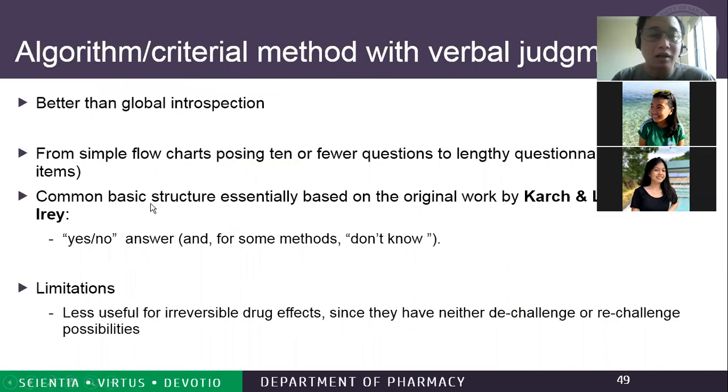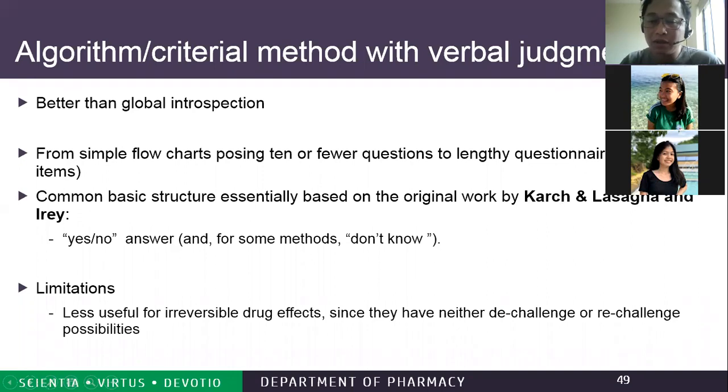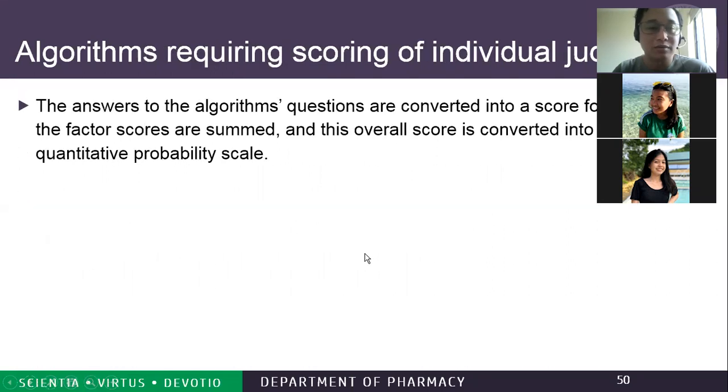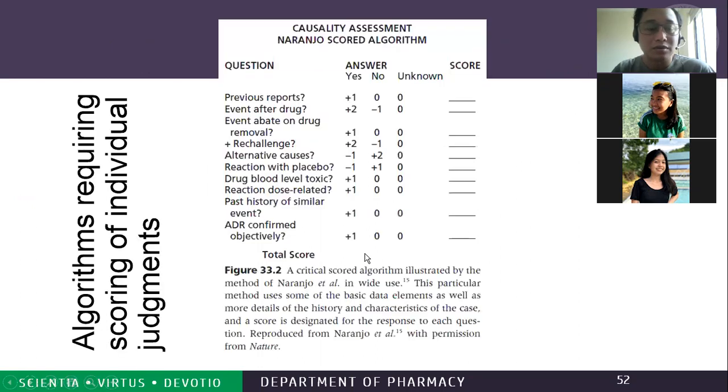Then the algorithm method. This is the common basic structure, usually following the Karch and Lasagna, and also the Naranjo methods, using yes, no, and don't know answers.